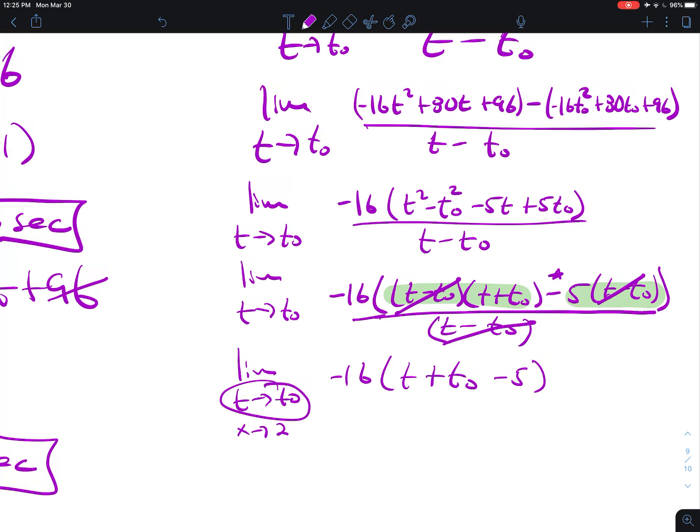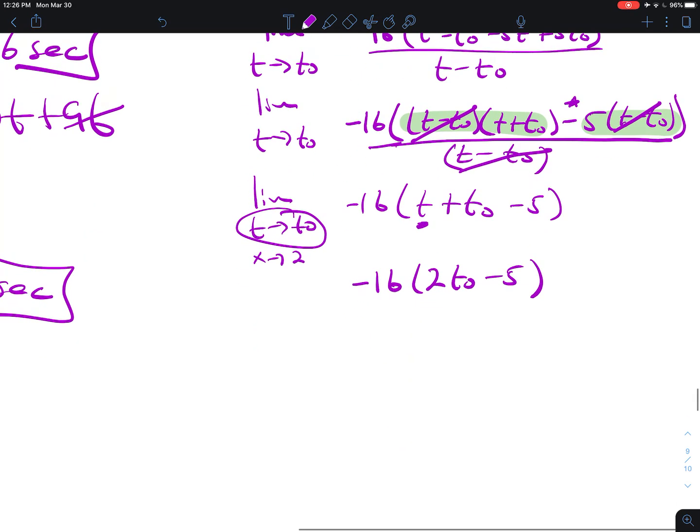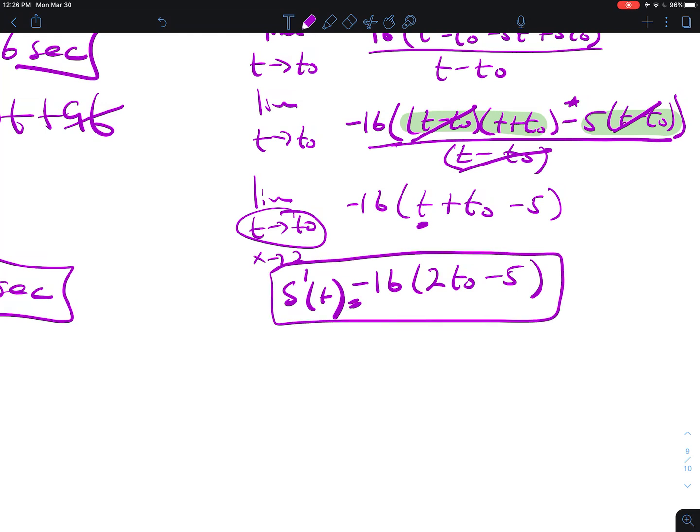So I'm going to plug a t null in for t, and that is going to get me negative 16 times 2t null, because all of a sudden that's what I'm plugging into that, minus 5. So there's my rule for the derivative, there we go, equals that guy, or the instantaneous rate of change.